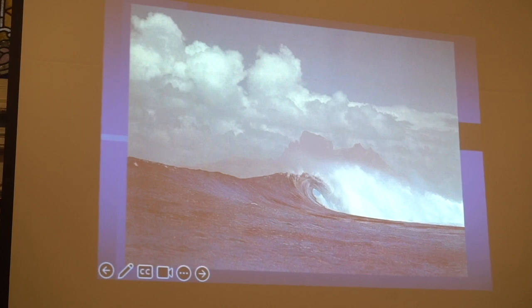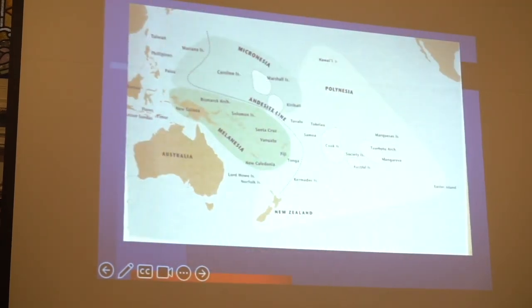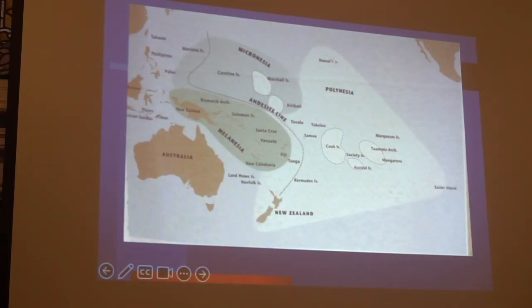So, in any case, in the efforts to trace this, looking at the geography of the Pacific, there is a line that goes down the Pacific called the, I'm going to read this correctly, the Andesite line. Everything on the line or to the east of it, the islands tend to be high islands, mountainous, rugged, fairly new geologically, volcanic, rising up from the ocean.